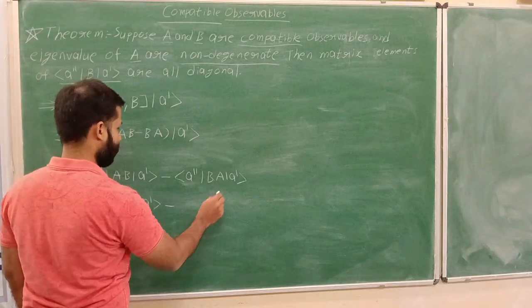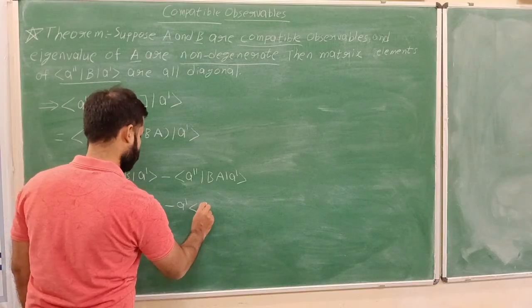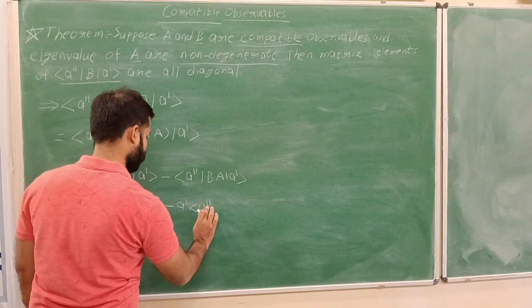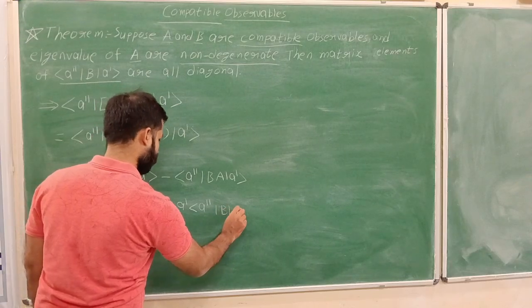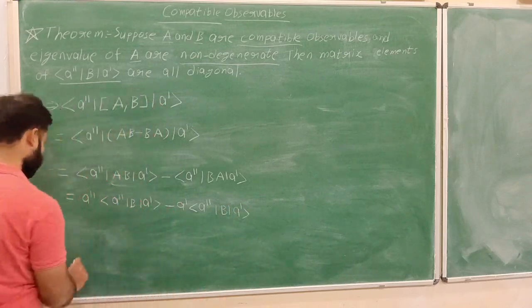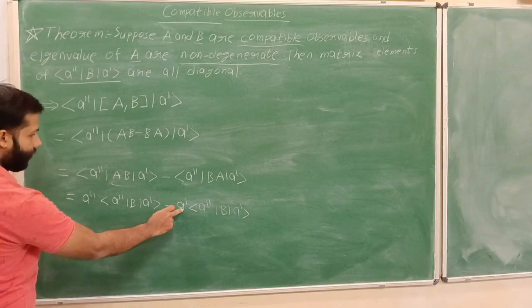A can operate on this, gives some eigenvalue, A prime minus B prime.